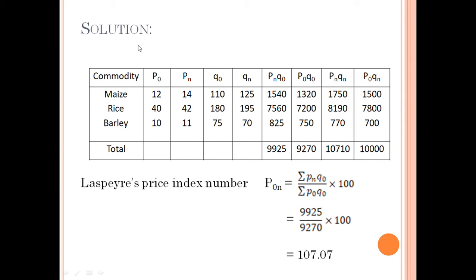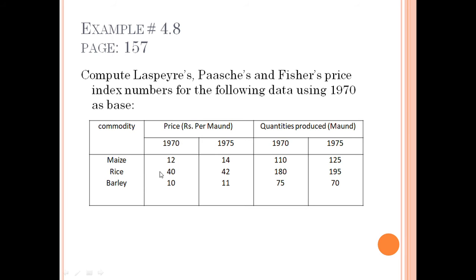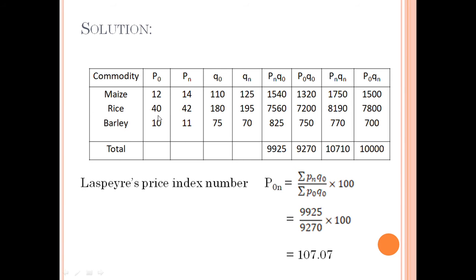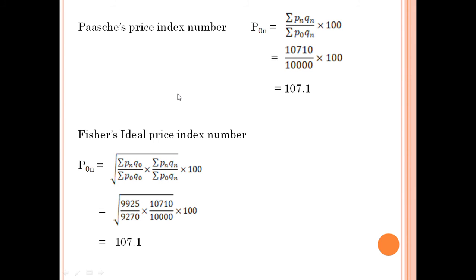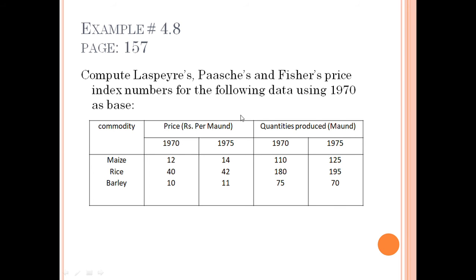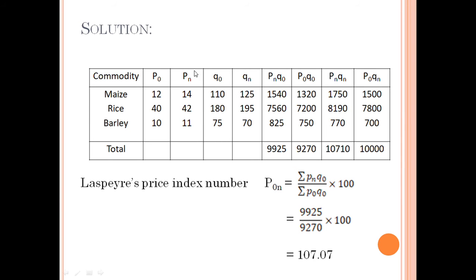Now how to solve? First, because I have told you before that we are taking 1970 as base, this will become base year price, and base year price is denoted by P naught. Then 1975 price will become current year price, so current year price is denoted by Pn.